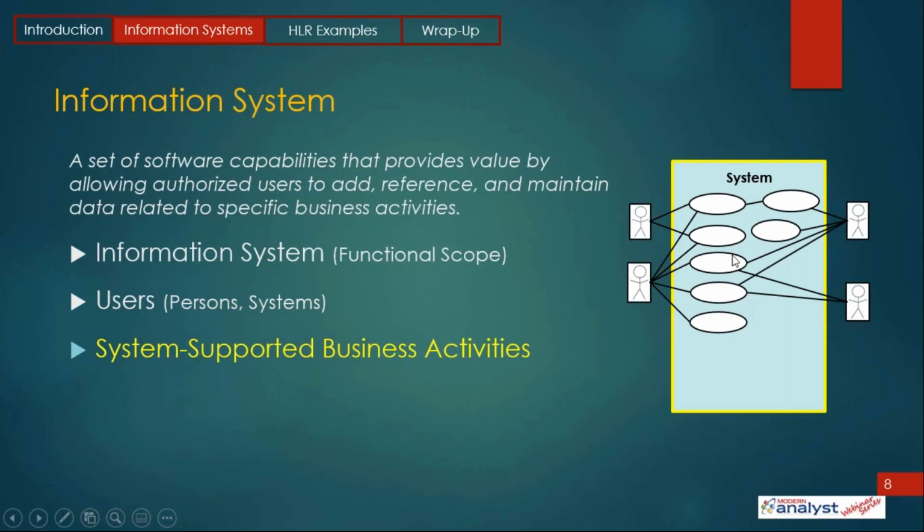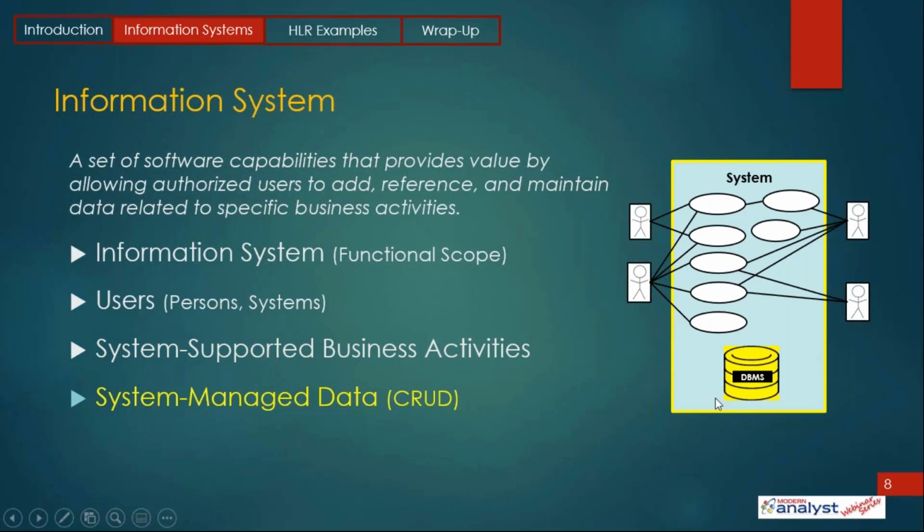And within the boundary, these are now the business activities that are in scope for the system that we're delivering with this project, an information system. Okay, the one piece you don't see in these UML diagrams is, my friend, the database management system. So this little icon here represents system managed data.